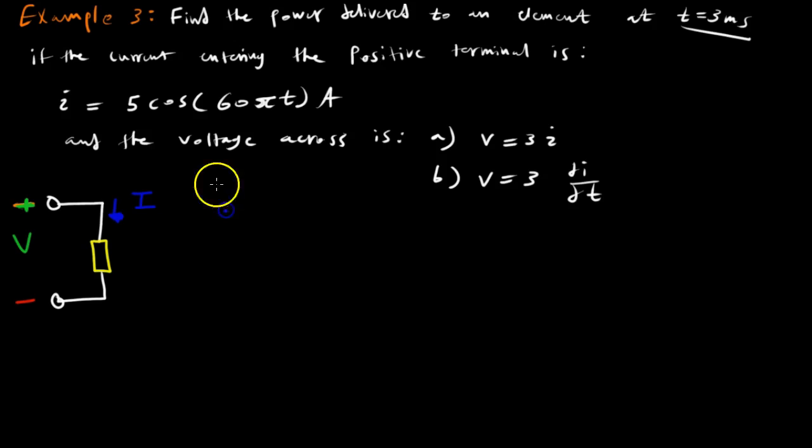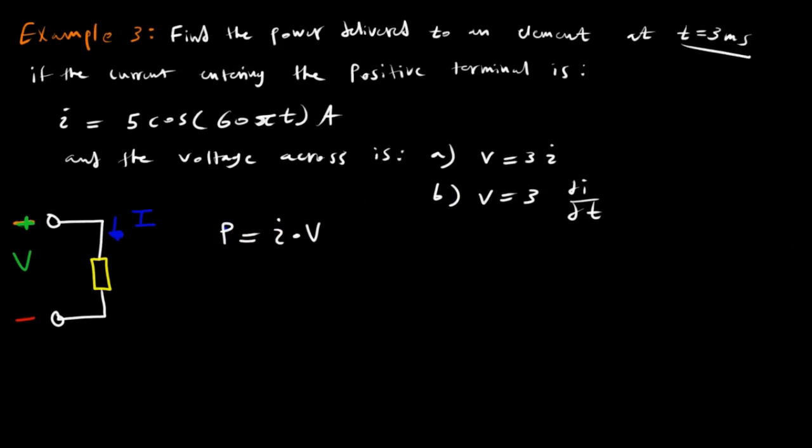So recall that power is instantaneous power, meaning at any given point in time, if you multiply that particular current times that particular voltage, you get the power being consumed or absorbed at that particular time.